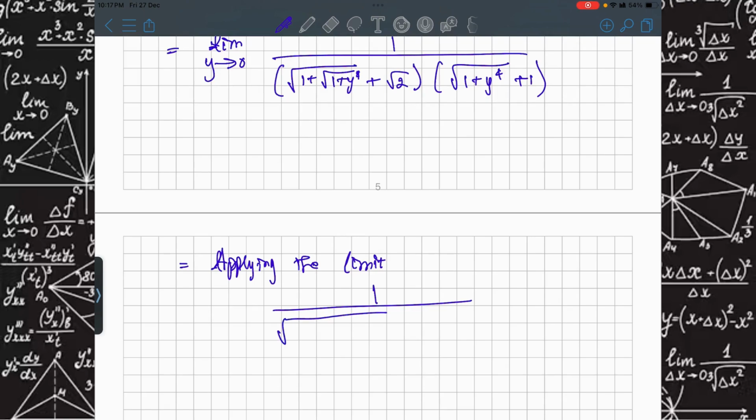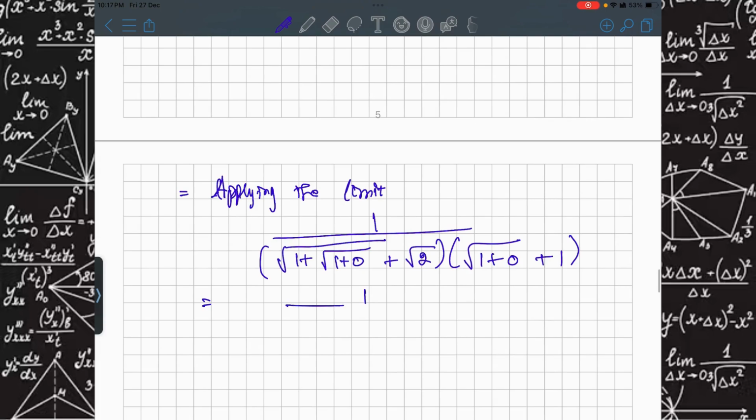So it will become 1 plus 0 plus root 2. Again, this is a separate entity. Let me write it separately for better clarity. And then root of 1 plus 0 plus 1. So this is nothing but 1 plus 1 root 2 plus root 2 times 2.